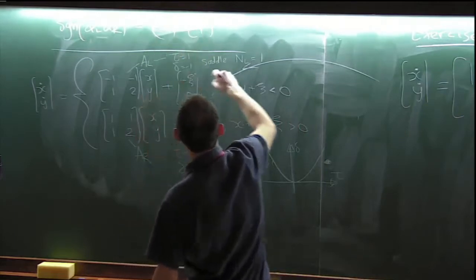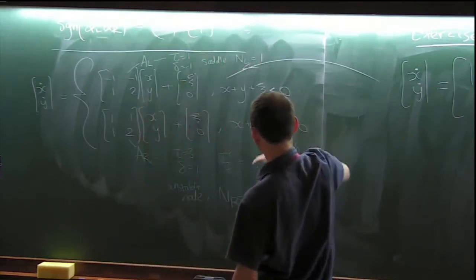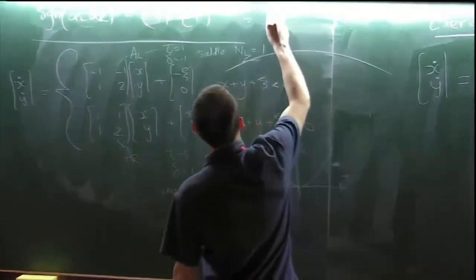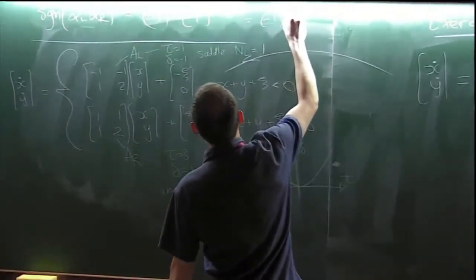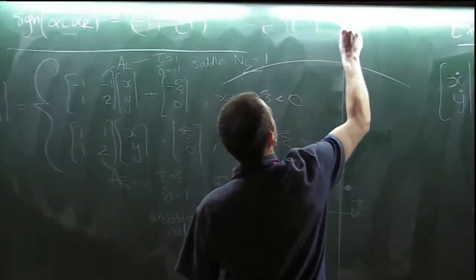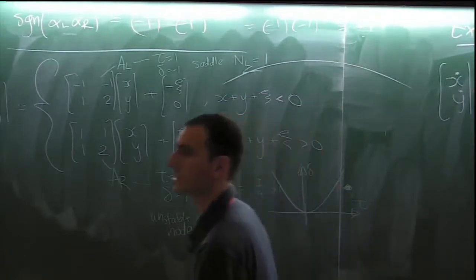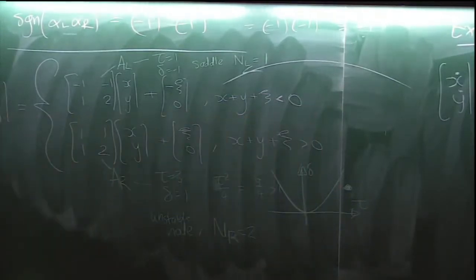Okay, so then we put them into our formula and get minus 1 times plus 1, which is minus 1. What does that tell us? It tells us that alpha L times alpha R is negative, so this corresponds to a non-smooth fold.